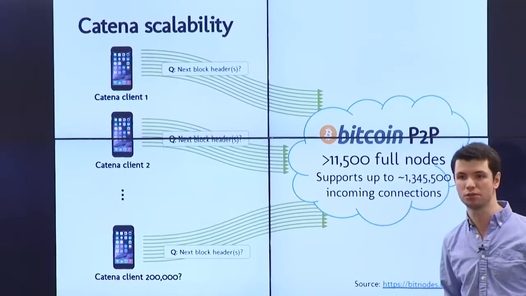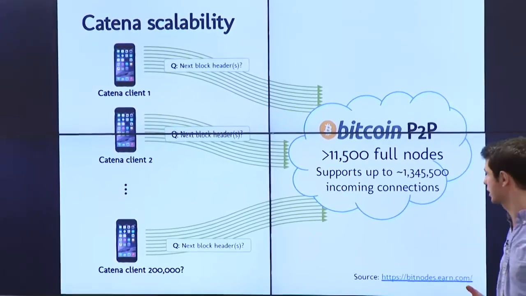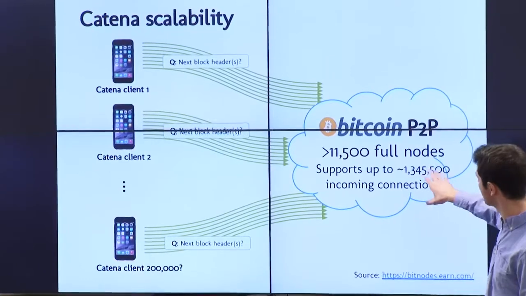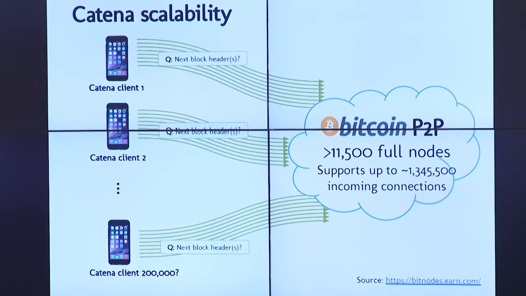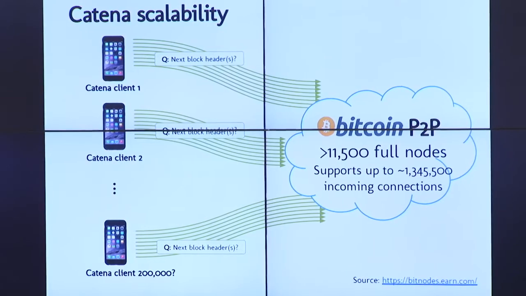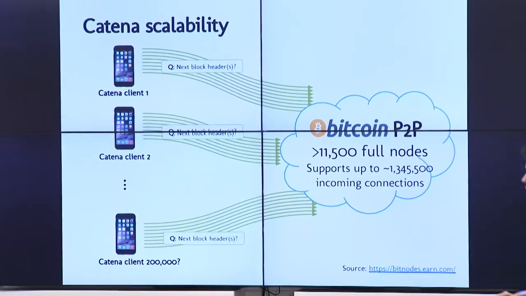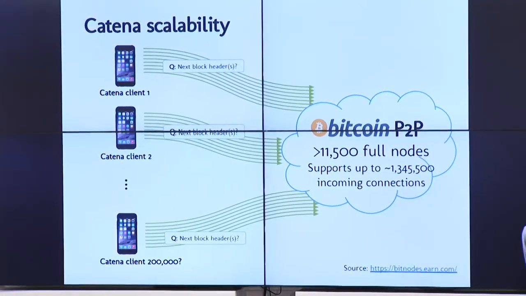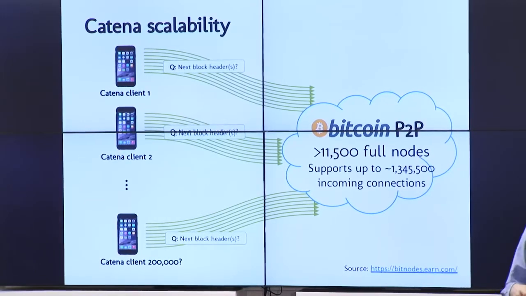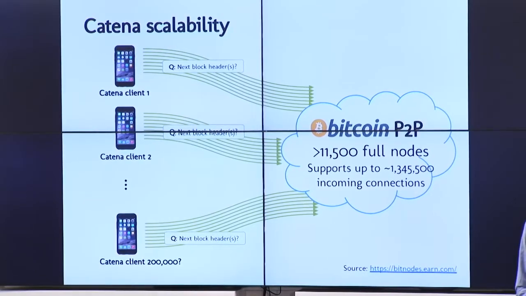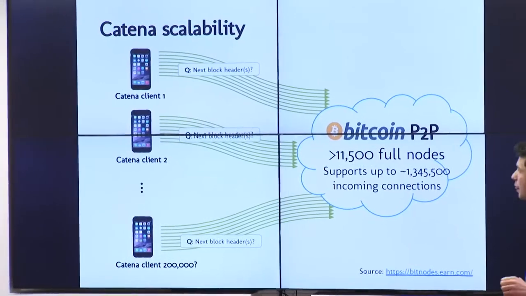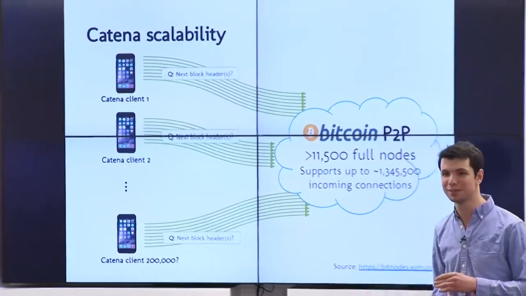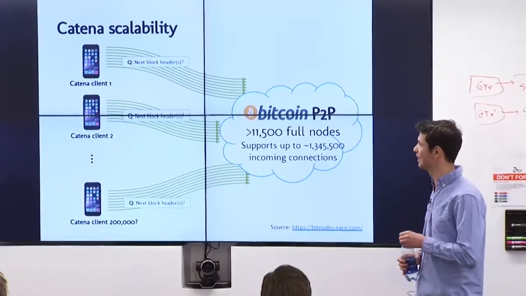So that means in total, you support about 1 million incoming connections. But we need about 1.6 million connections from these 200,000 clients, right? So it's a bit of a problem if you deploy Catena and it becomes wildly popular. Being a bit optimistic here, but let's say that happened.